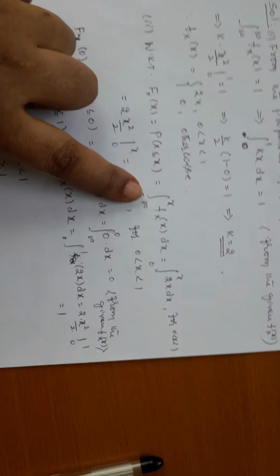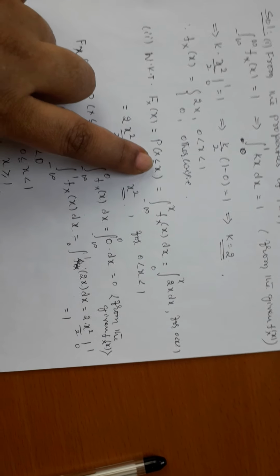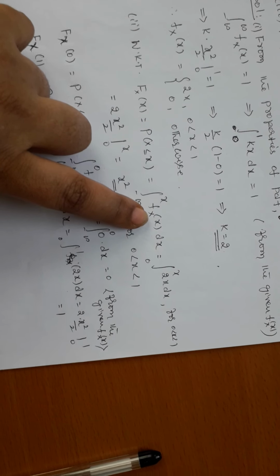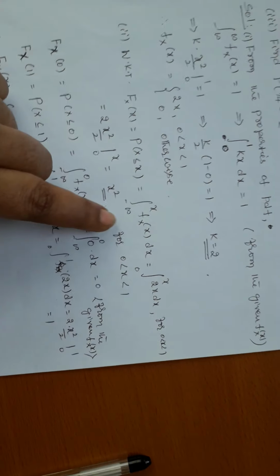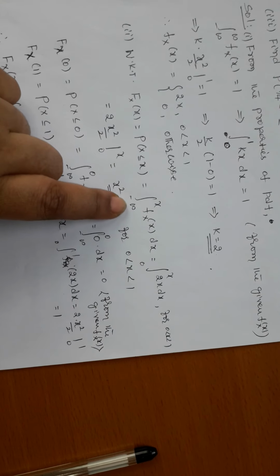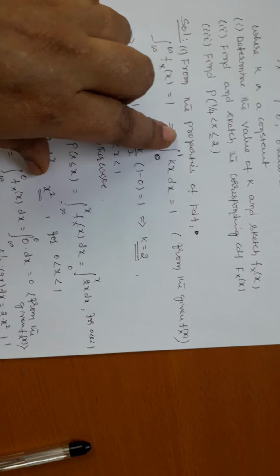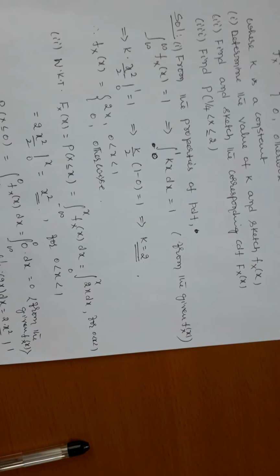That is nothing but the integral from minus infinity to x of fx of x. We can't substitute the value directly because the function is given as 0 outside and something different for 0 to 1. Therefore, I split it into minus infinity to 0 and 0 to x. From minus infinity to 0, the function value must be 0, otherwise it is 0. Therefore, only 0 to 1 remains.